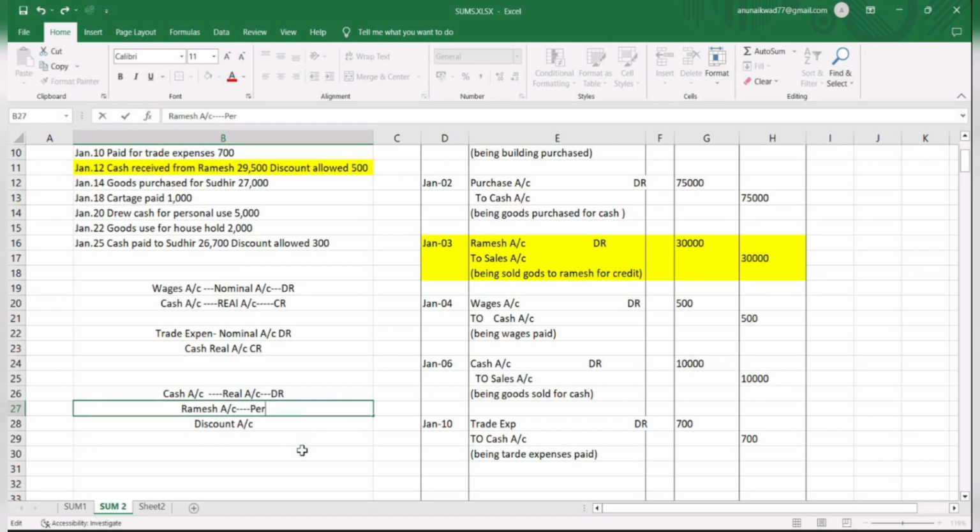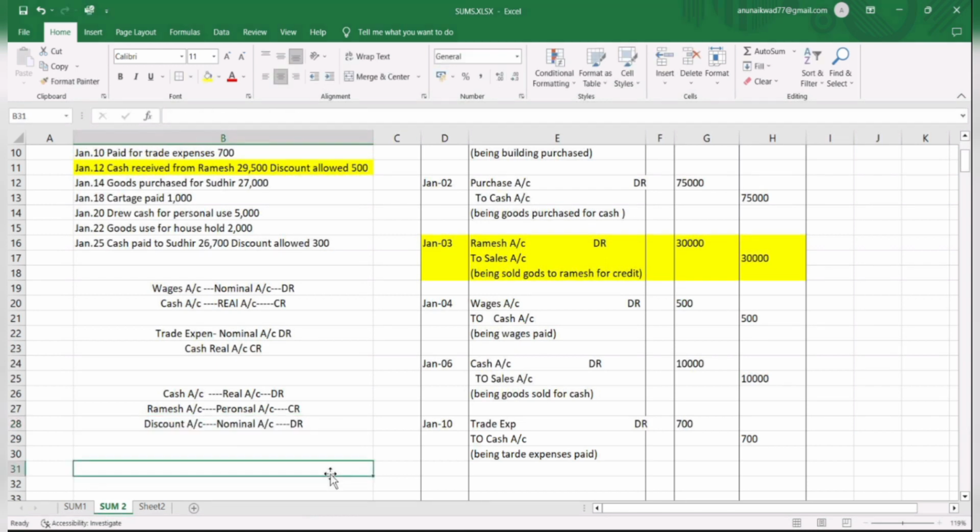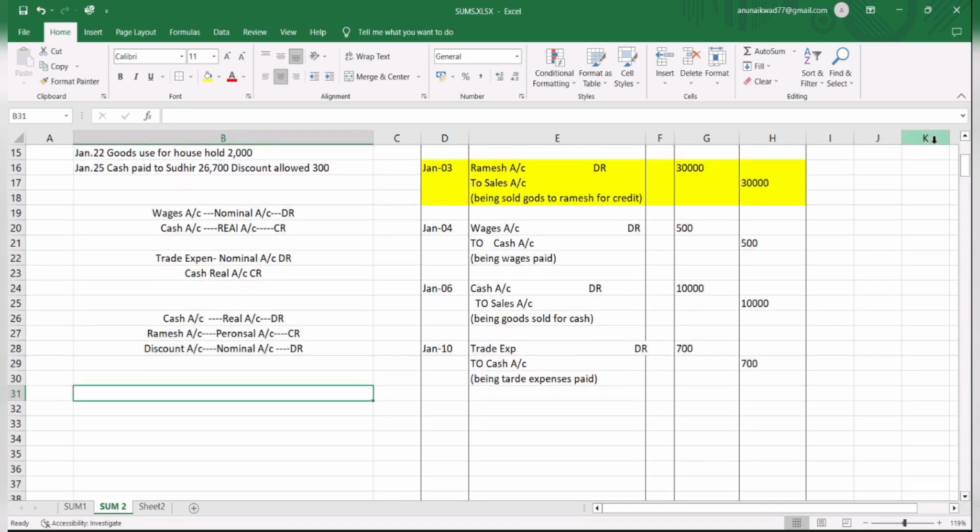Ramesh is our personal account. Ramesh is the giver, so he will be credited. Now discount allowed, we are allowing a discount, so it is an expense to us. This is our nominal account and nominal account expense is debited. Now here we have two debit entries and one credit entry. Let us see how to record this.